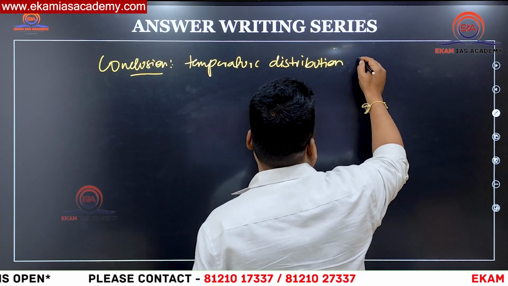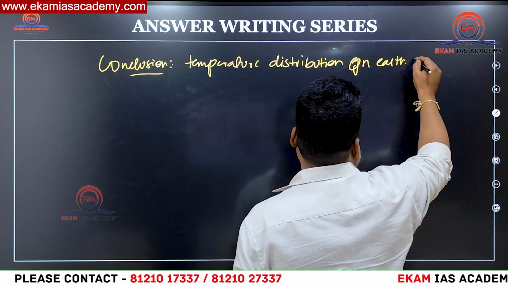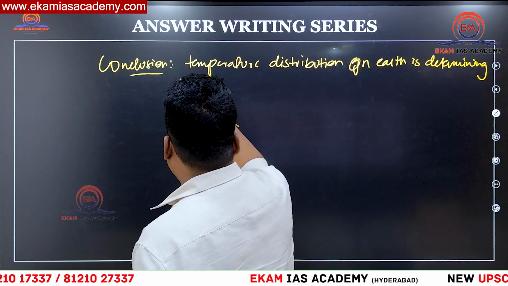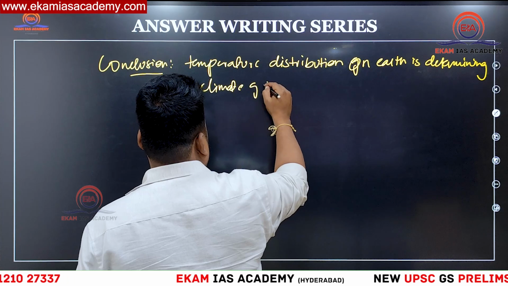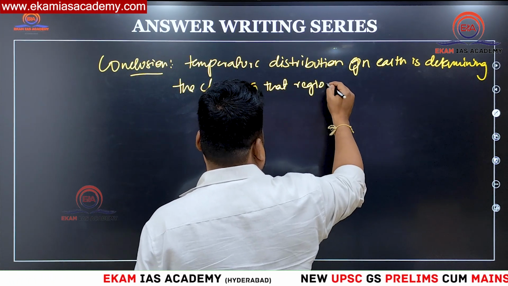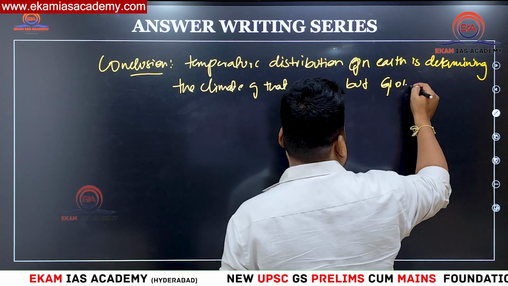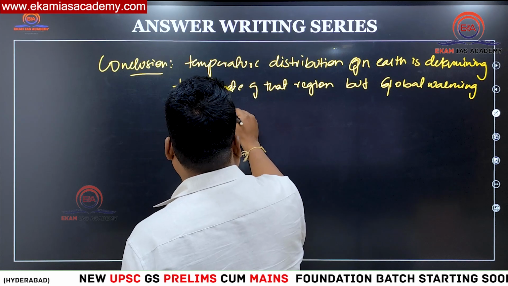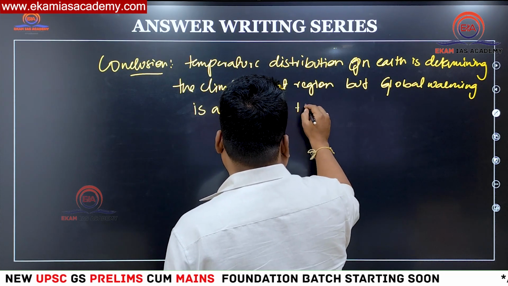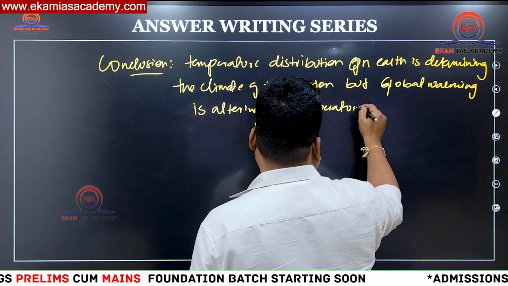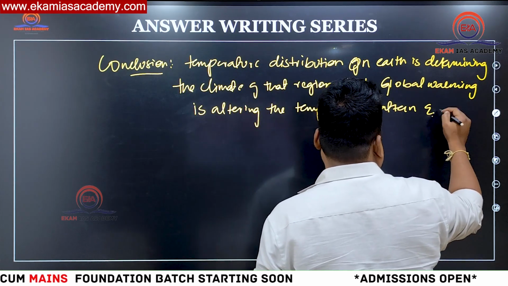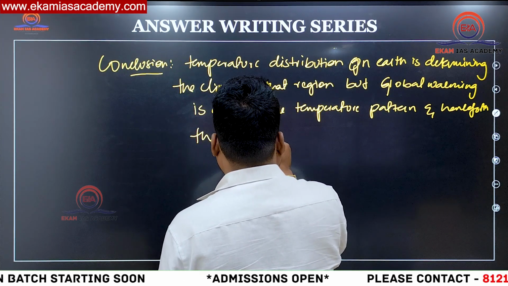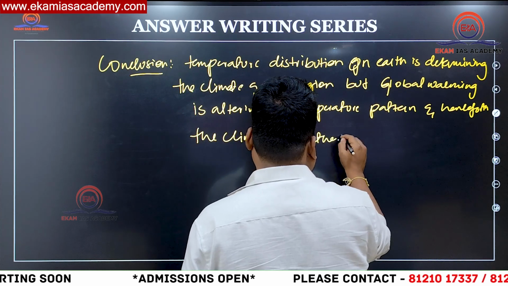Okay, so temperature distribution on earth is determining the climate of that region, but global warming is altering the temperature patterns, and henceforth the climate and weather pattern of that region.